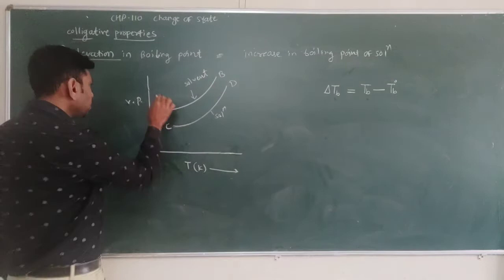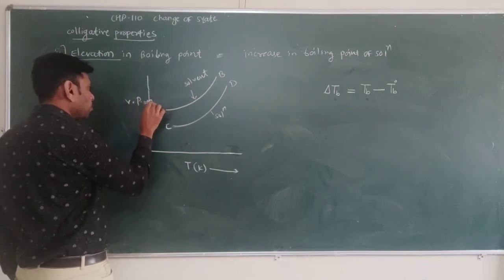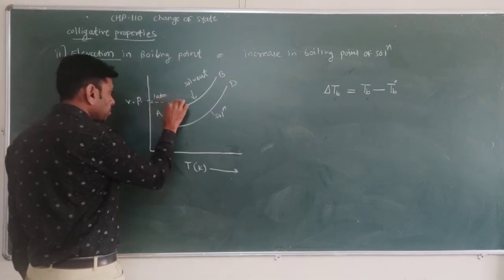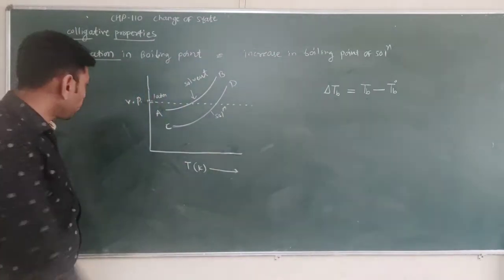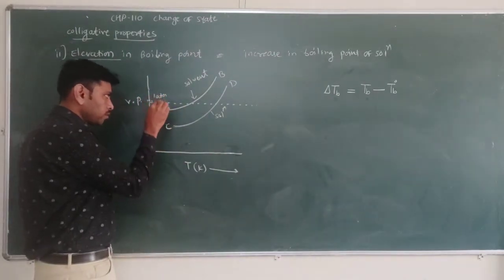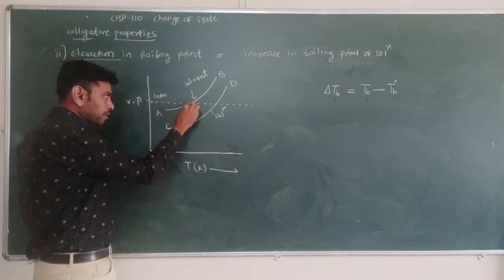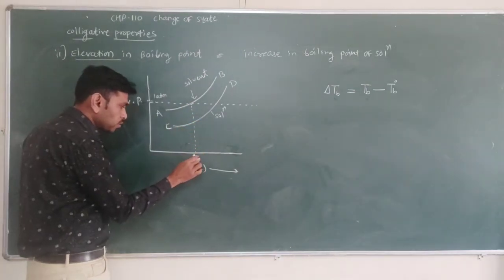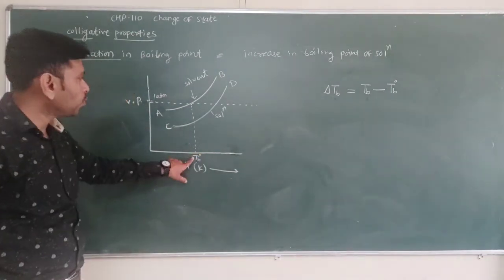Now in these two curves, suppose the vapor pressure is 1 atmospheric pressure here. When the vapor pressure of the solvent increases and reaches 1 atmosphere, that temperature is T0B, the boiling point of the pure solvent.